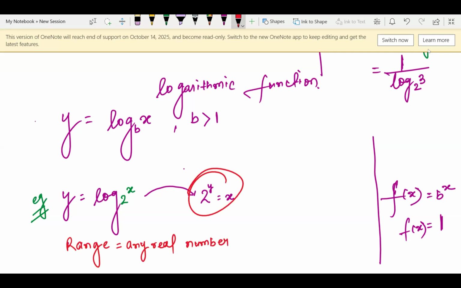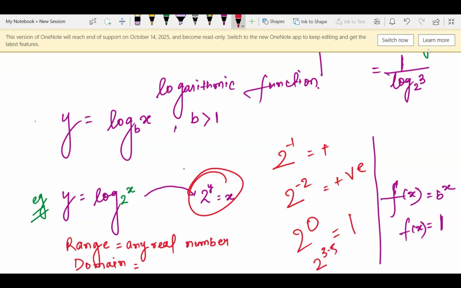And what about x, the domain? Again, I will look at the exponent form which I have written in the circled part and think about what x can be. Whatever you take as y, if you take -1, the result will be positive. If you take -2, the result will be positive. If you take 0, the result will be 1. If you take any number like 3.5, the result will be positive.